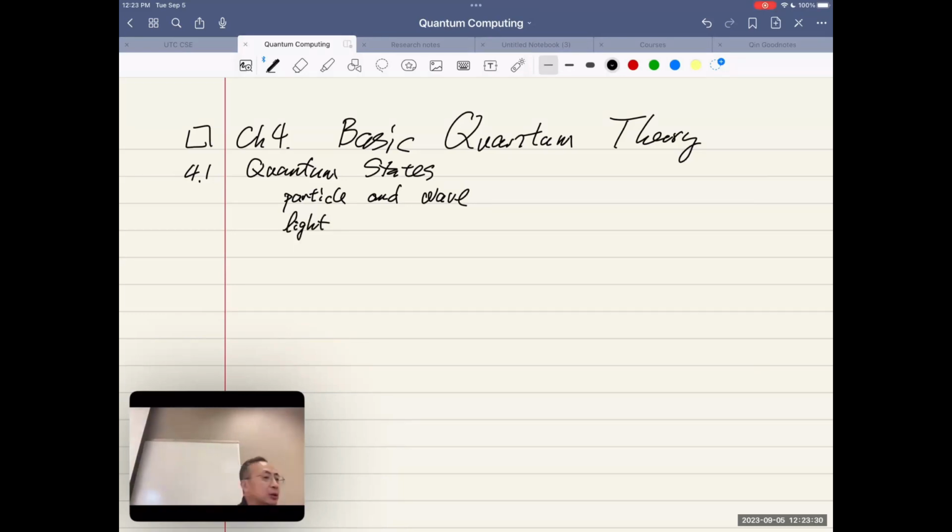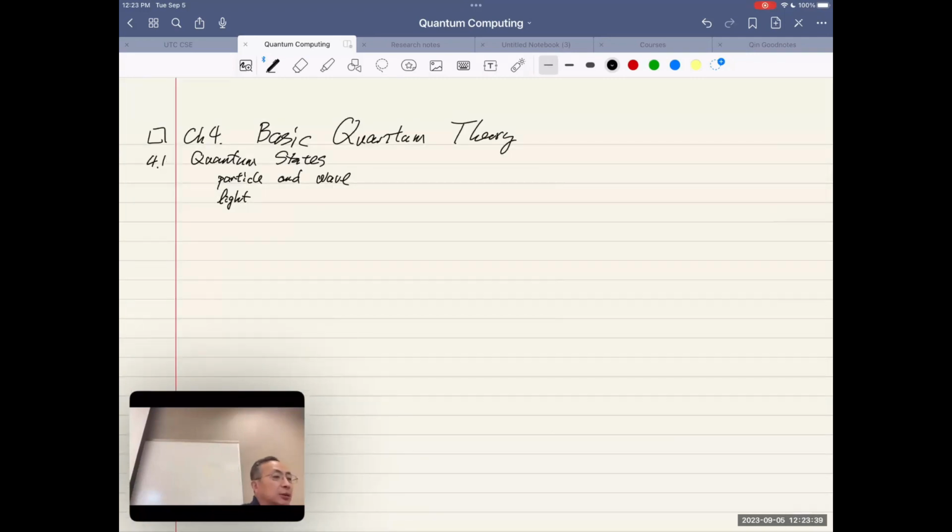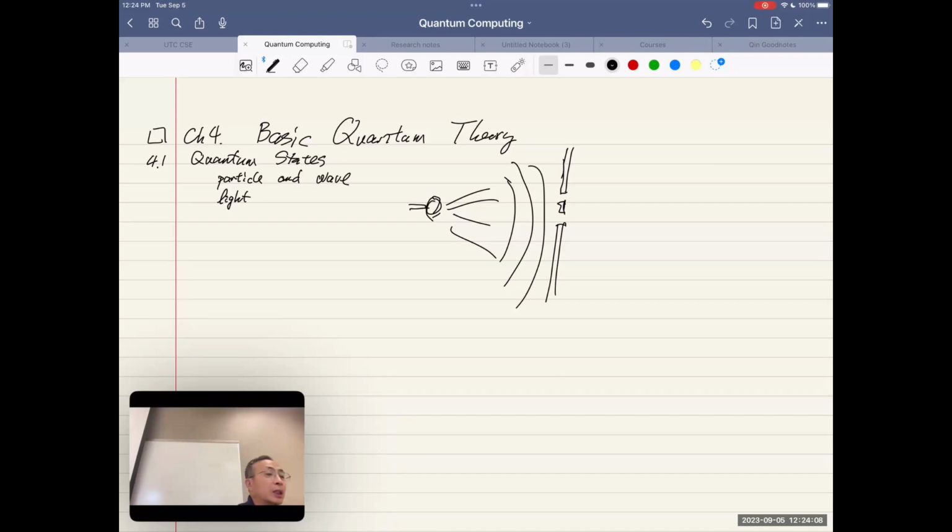So if we shine light on the double slit experiment, the light actually forms a wave, goes through the double slit, and then each slit becomes a wave afterwards.